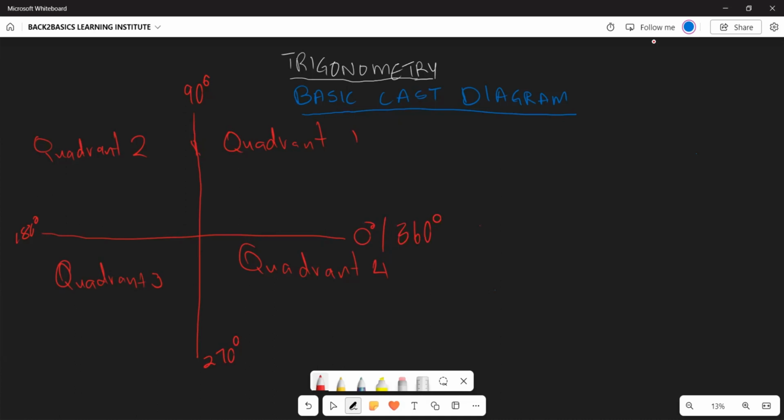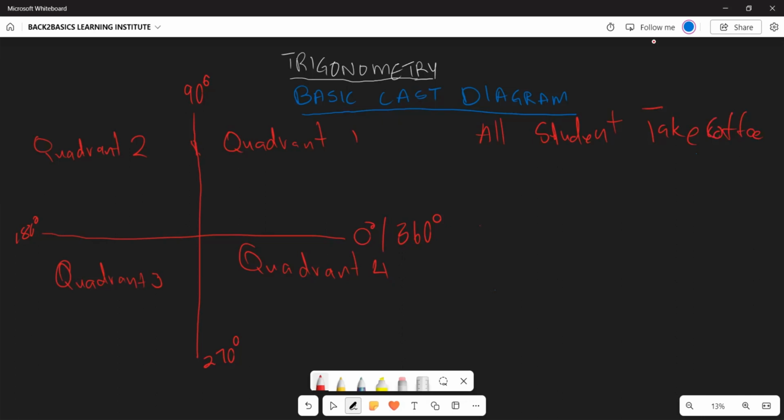Now, one of the mnemonics that we use to remember which of our ratios is going to be positive in which quadrant is "All Students Take Coffee", right?